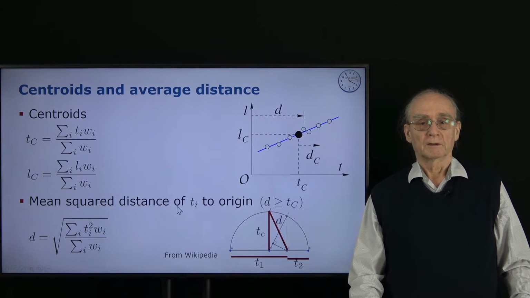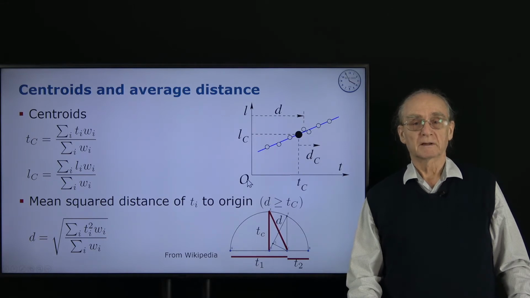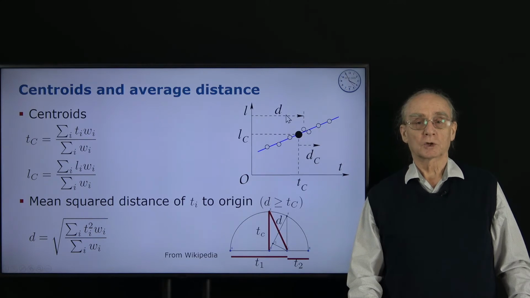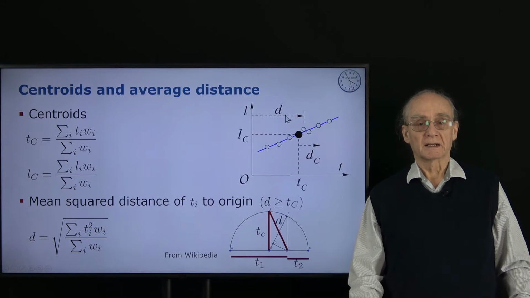Now, as we have seen here, the d is approximately this value, and the tc here is this length. And one can show easily that this length is always larger than this length if the data are not at the same point.